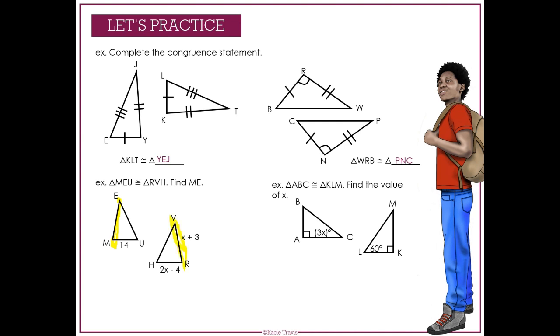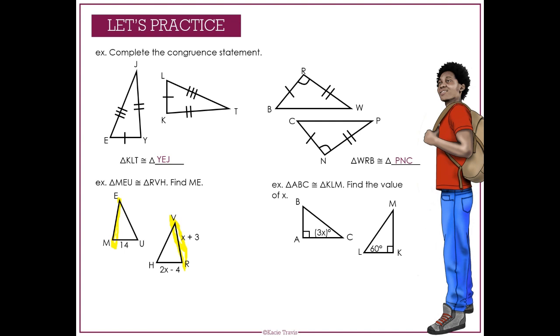Now, I need to figure out what this side is by using the information that I see so far here. I see that on triangle RVH, 2 of the sides have X's.